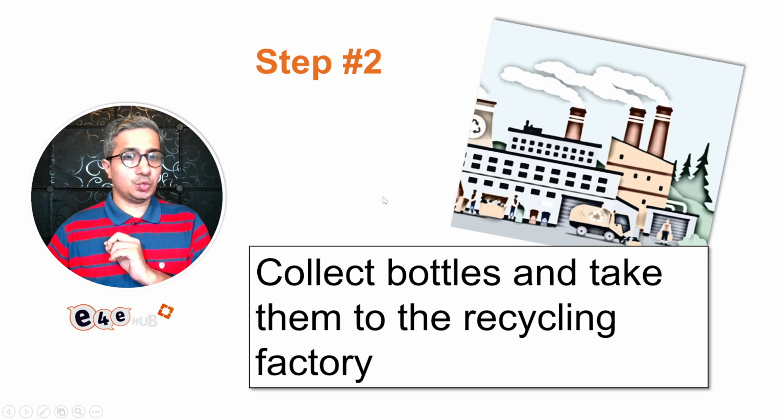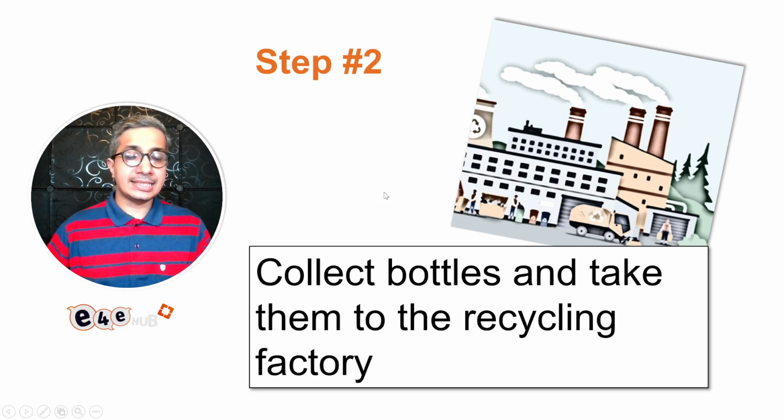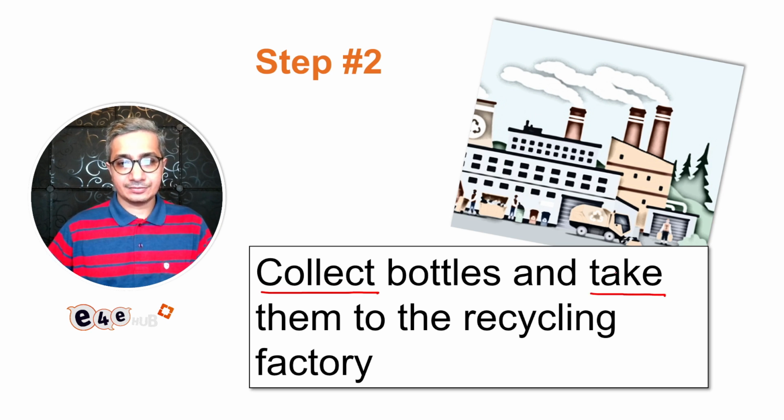Step 2. Collect bottles and take them to the recycling factory. So what are we going to do? We are going to turn the verbs into passive. Collect becomes are collected: bottles are collected and are taken to the recycling factory.